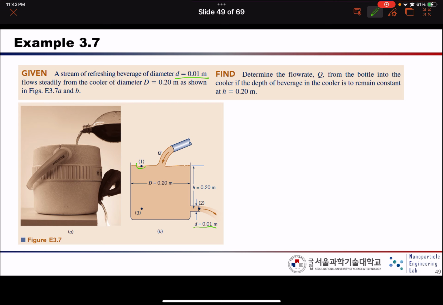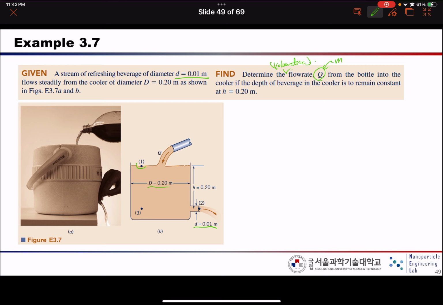So here 0.01 meter is given. It flows steadily from the cooler of diameter D equals 0.2. Okay. And determine the flow rate, Q. Actually this should be called the volumetric flow rate, right?